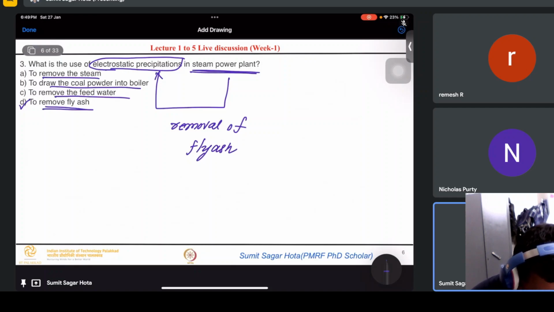We can reuse it nowadays. Using fly ash, many people are making bricks. Fly ash bricks. This waste fly ash people are using for fly ash bricks.